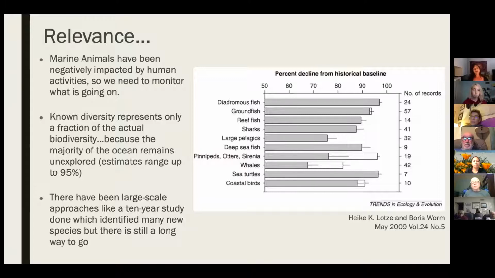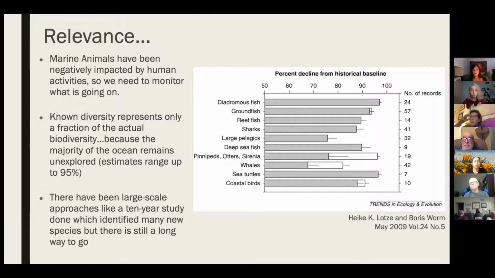She had, upon reading the article that this chart on the right-hand side comes from, percent decline from historical baseline, she found that the known diversity, so what's published, really only represents a fraction of what we actually know about the diversity, the biodiversity in the ocean. And so we still have about 95% estimated that is unknown.